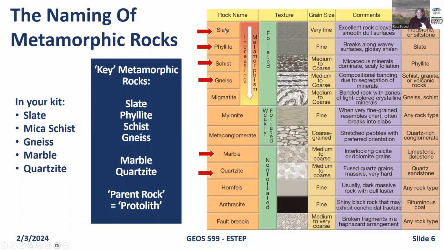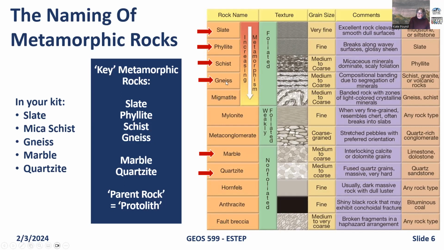They will likely, or they may have different protoliths, but another important thing here is if a rock gets increasingly metamorphosed, in other words, more squishing, more heating, it can progress from being a slate to a phyllite to a schist to a gneiss. That's why it says increasing metamorphism next to that arrow. The word migmatite is used for partially melted rock, and that's that awkward area in between metamorphic rock and magma.